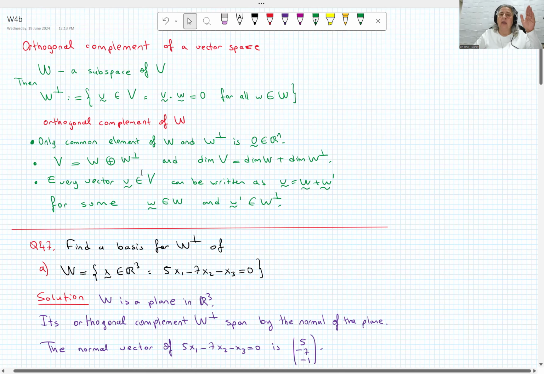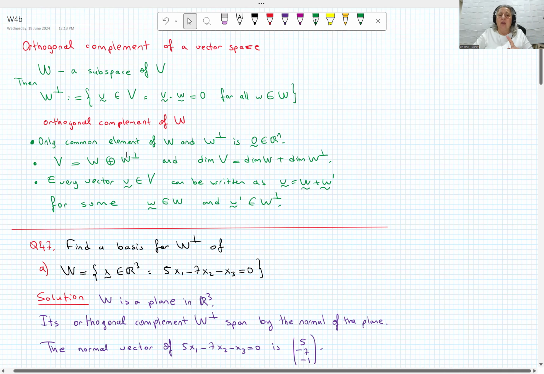If you apply the dimension to this summation, then we will have an explicit sum. Dimension of V will be the dimension of W plus the dimension of the orthogonal complement. So this is another important fact about orthogonal complements of a subspace.